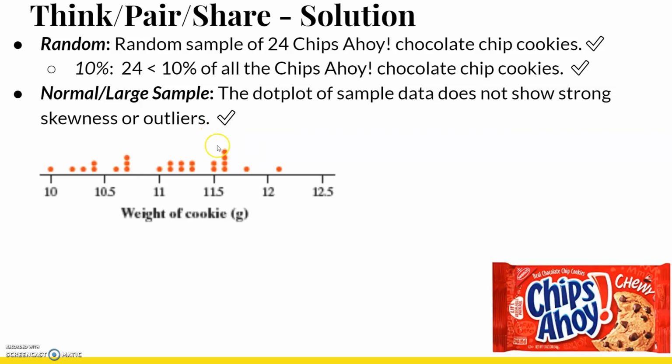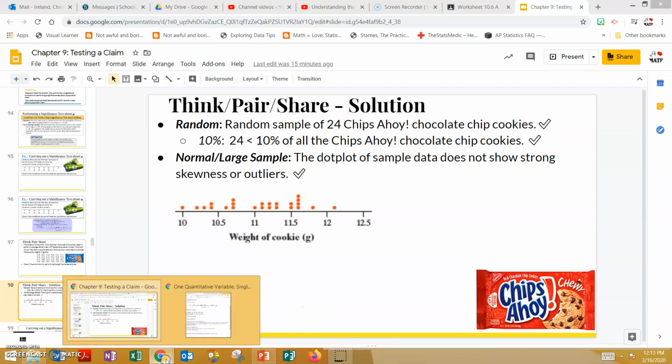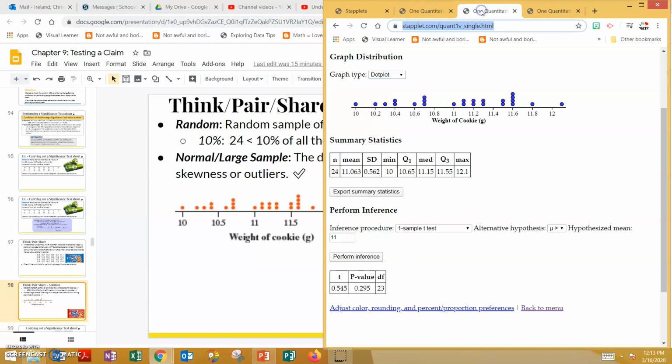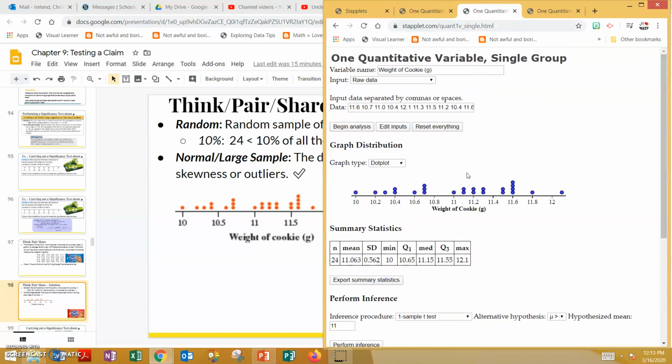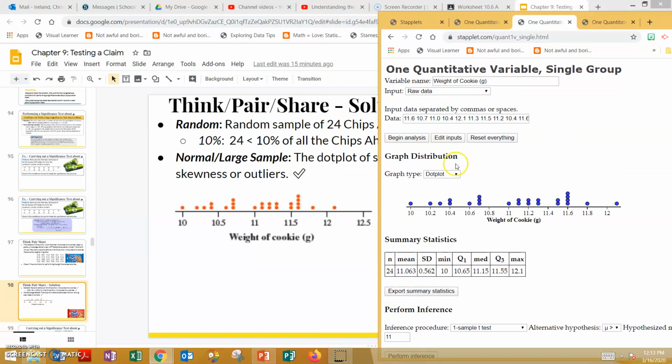So the easiest way is to make a quick dot plot of the sample data. Again, I type this into Statlet here. Let me go to this tab. I believe it's this one right over here. Yep, so this is our cookie data. And as you can see, that dot plot looks similar to the one I have in our notes.